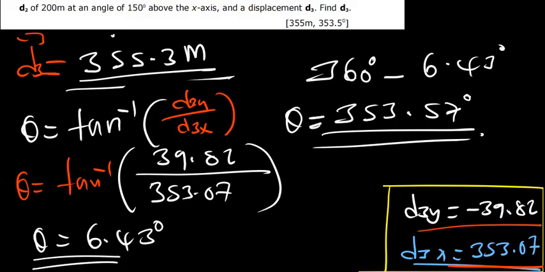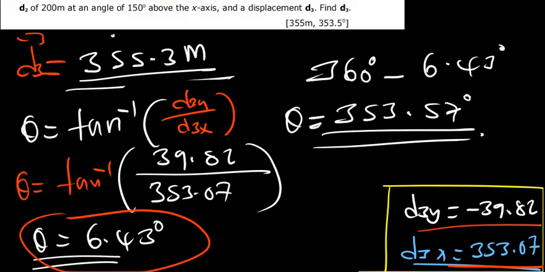So you need to know, before you even solve the angle, whether this angle falls in the first quadrant, second quadrant, third quadrant, or in the fourth quadrant. That is very important. If the angle falls in the first quadrant, when you use this formula, the answer you find is the answer you are looking for.